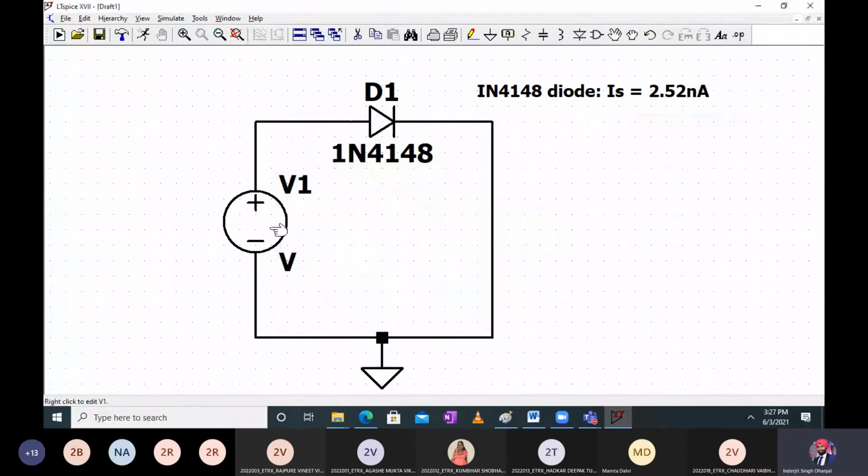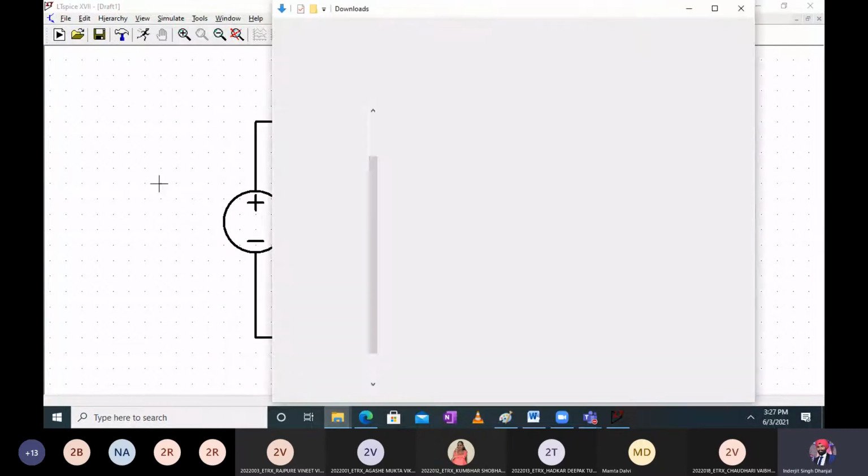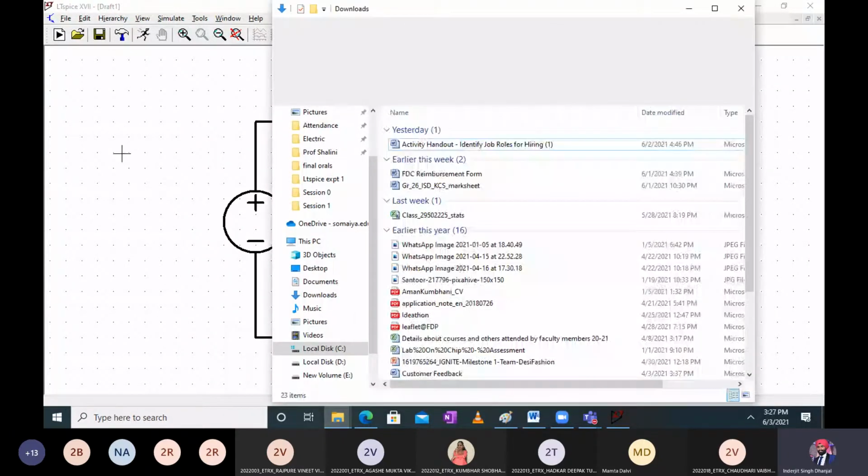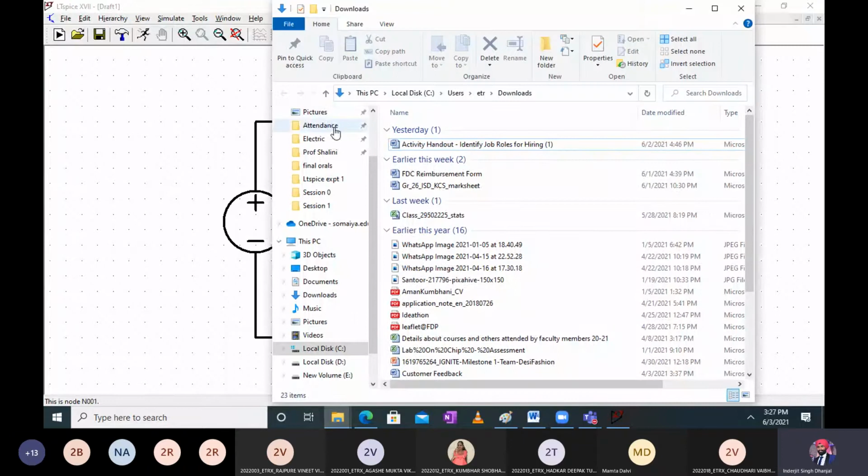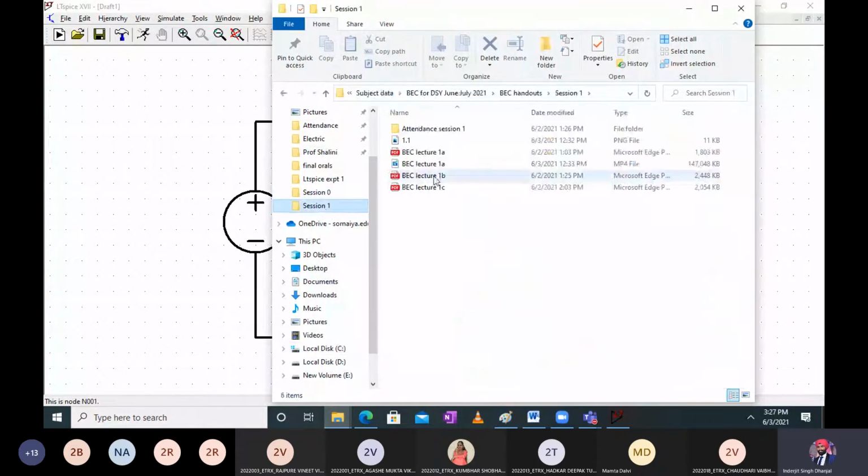Now I have to vary my voltage, so let me show you the characteristics. Let me go to lecture session number 1 where we have discussed forward bias. Just give me a couple of seconds.